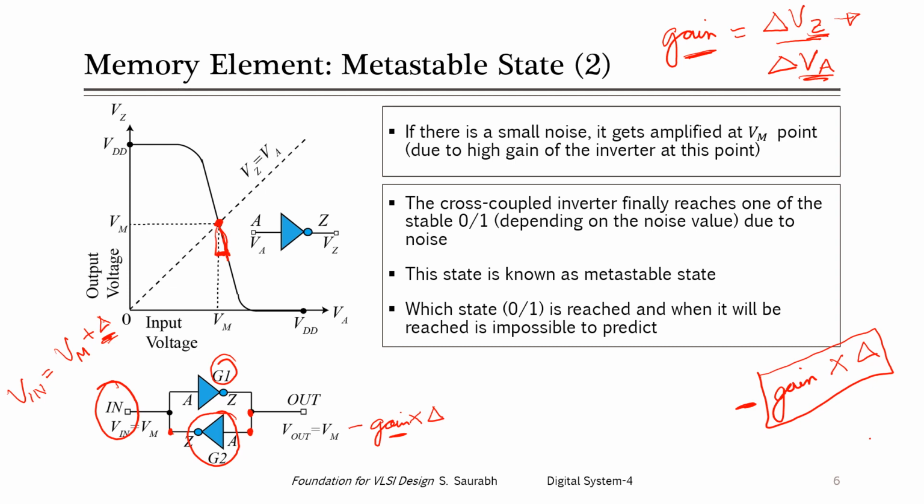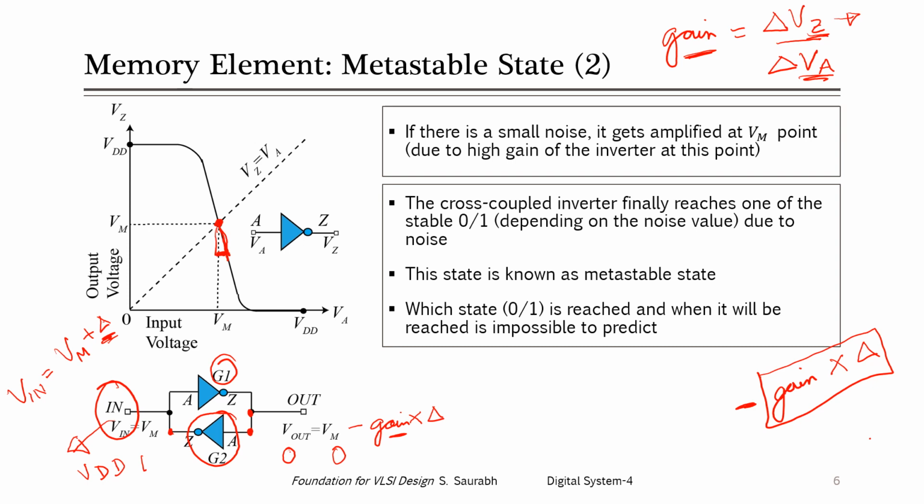And in which direction will it be? It will be in the direction such that V in moves towards VDD. So what will happen finally is that whenever there is a small positive noise voltage on V in, it will finally settle to the state in which V in reaches VDD and V out reaches 0 volt. So the state 1,0 will be reached in this case.